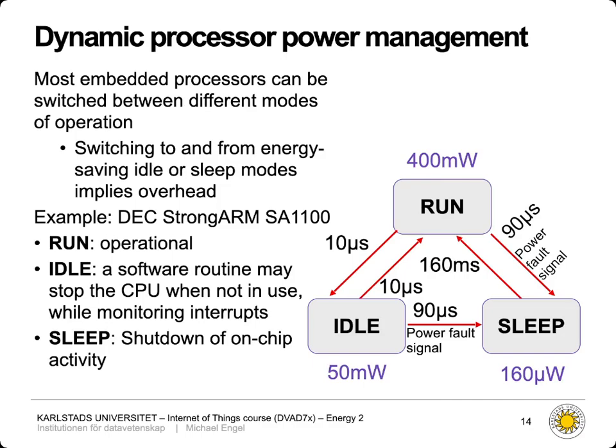And the interesting thing is we can also go from idle to sleep mode. So if there's a power fail, we can maybe run on a little backup power we still have available somewhere, and leave the processor in sleep mode, in which it still retains information. The example here is from an older ARM processor from DEC, the StrongARM SA1100.